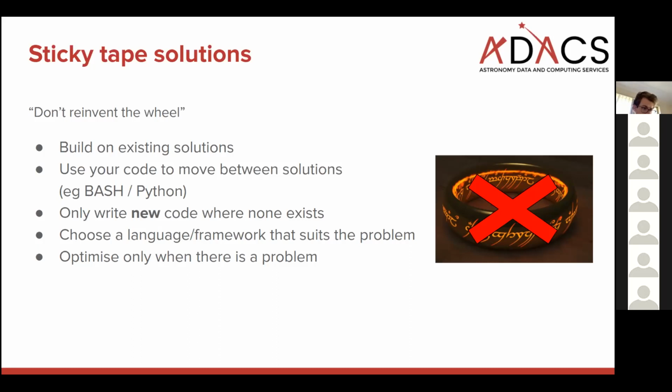So this is where talking to your peers, talking to other people in the field, asking questions on Stack Overflow, going to library repositories such as the Python package index or the CRAN pages can help a lot, because you can begin to see what solutions exist that you might want to rely on.